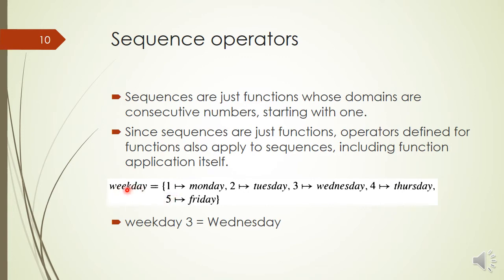If we pass a value to that function, we get a value returned. For example, if we pass value 3 as an argument to this function weekday, then we get the return value Wednesday. Similarly, if you pass value 4 as an argument, then you will get the return value Thursday, and so on.